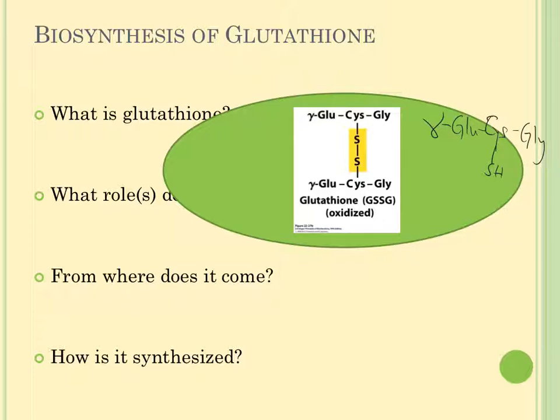Okay, so that's reduced. Reduced means there would be two of them if we're going to do a balanced equation, and then it would have a thiol. Oxidized is the GSSG form, the disulfide form. What does that gamma mean?